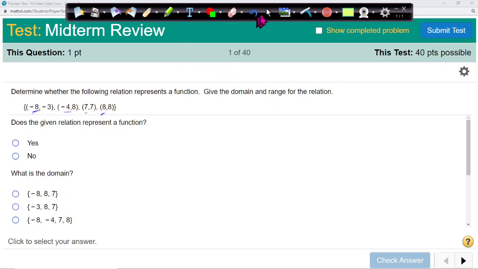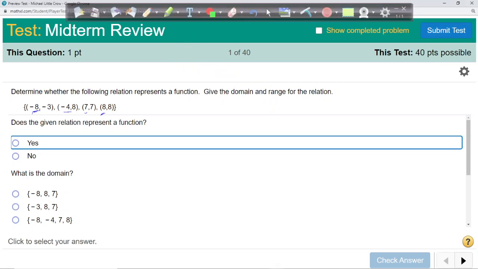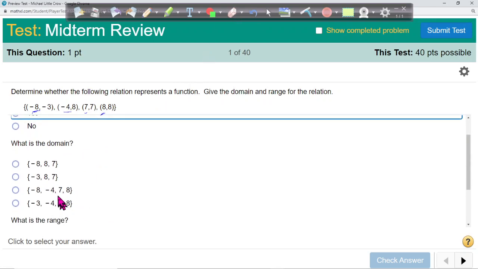Okay, so we can mark that one as yes, this is a function. The domain is the listing of the x values, the input values, so -8, -4, 7, and 8. So that's that one right there.